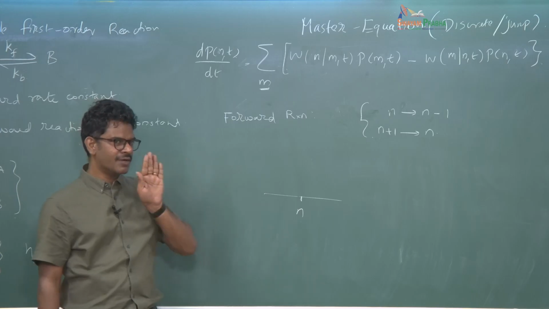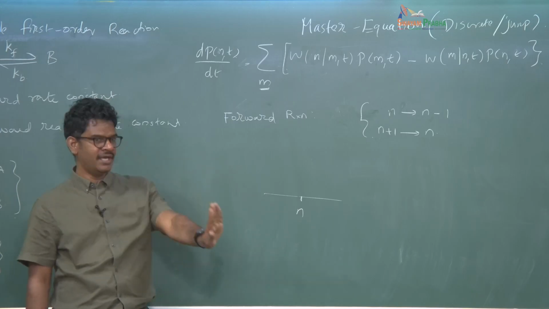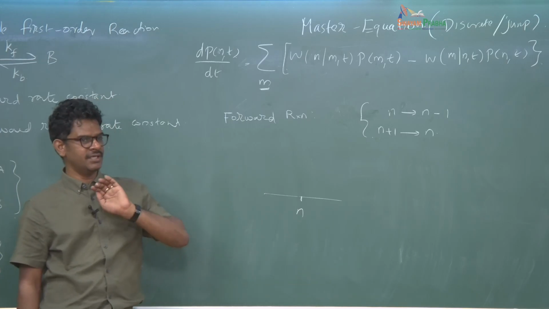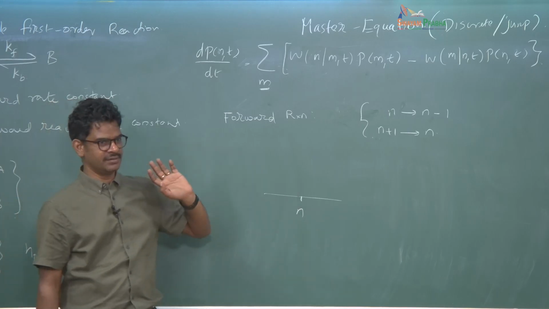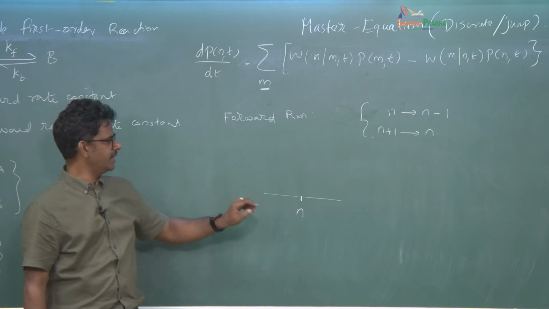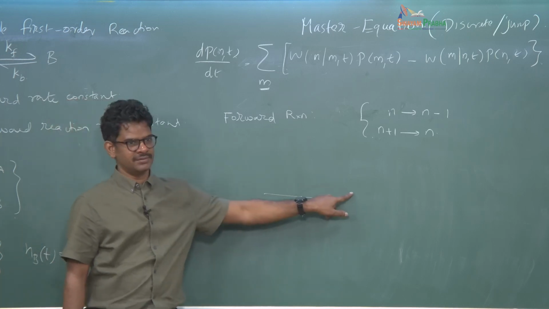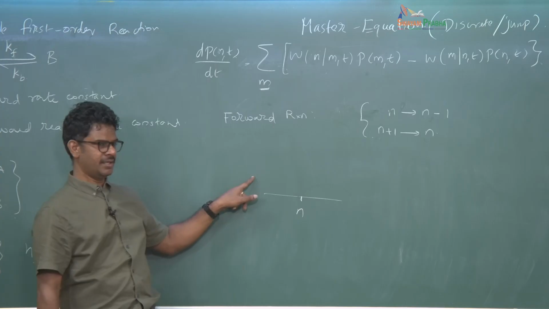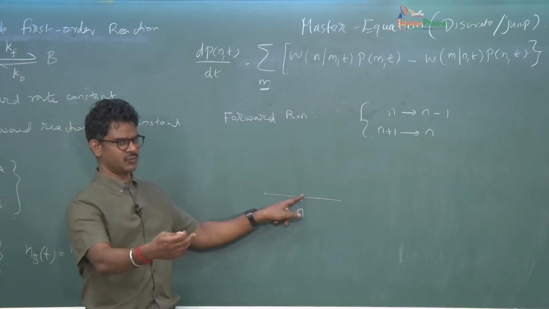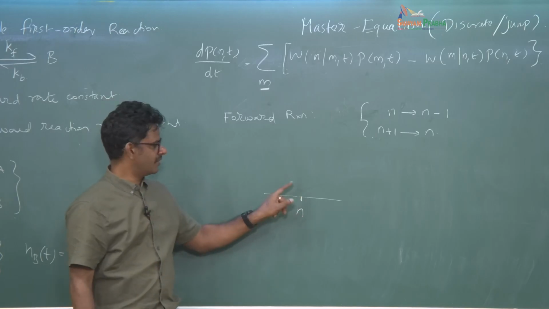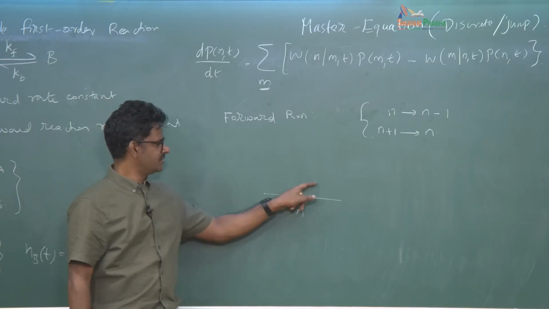Since it's a forward reaction, which means A can only decay, I am asking what are the processes by which the state n will be affected. I see there are two possibilities. One is it can jump to n minus 1, it cannot go to n plus 1, okay. Forward reaction does not increase the number of A, only the backward reaction will do. So for forward reaction, this jump is not possible.